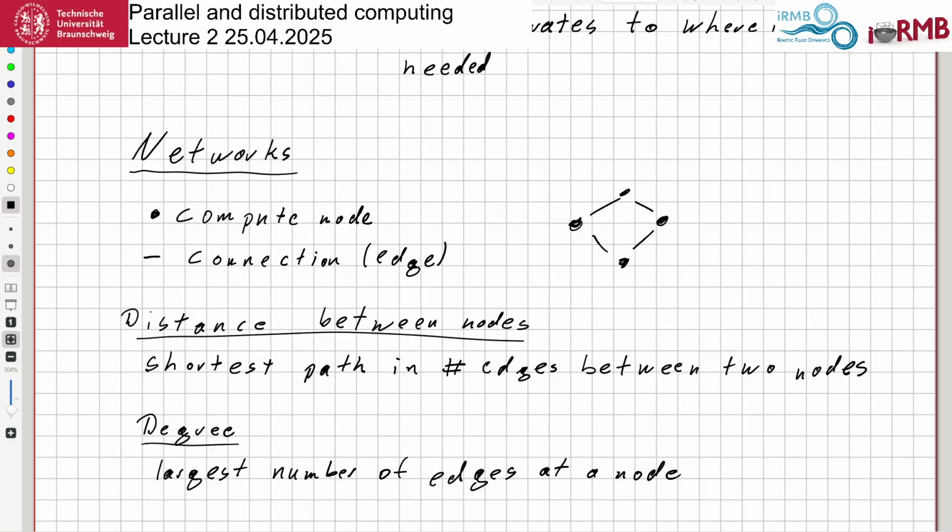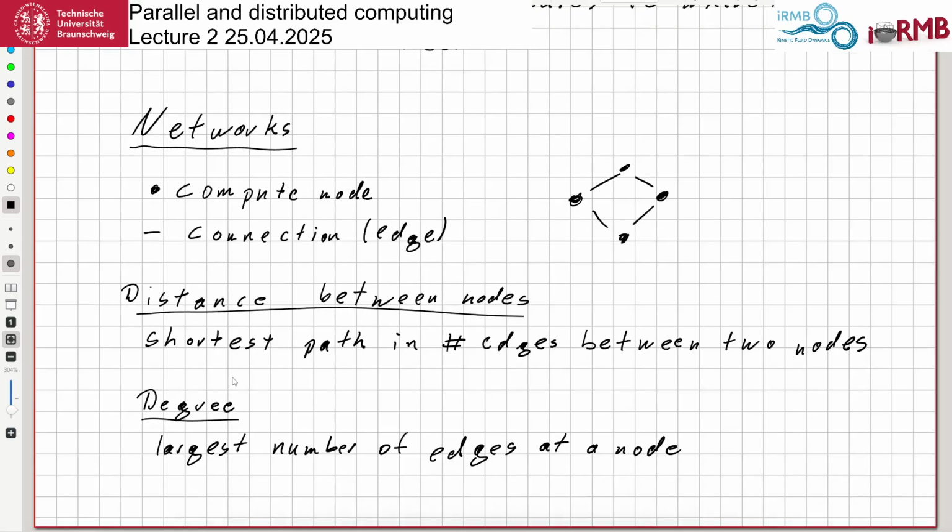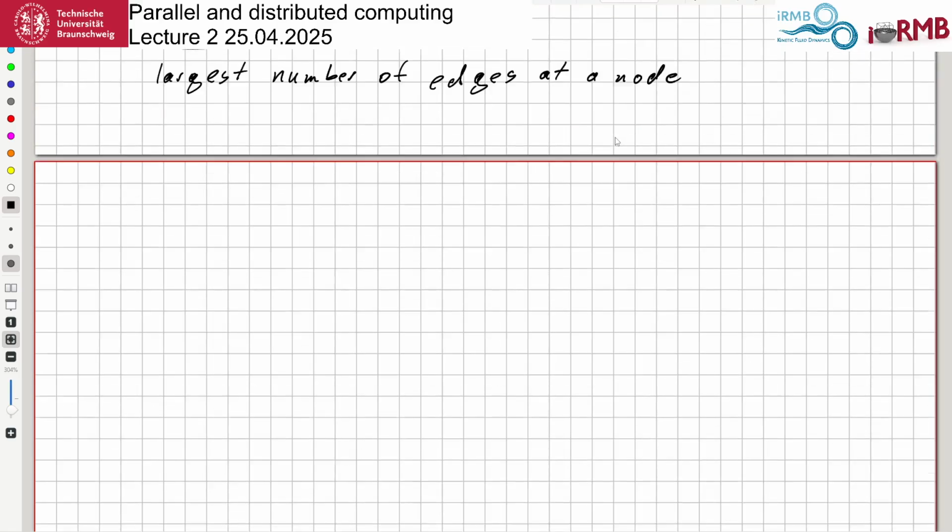So that would be the degree, and then there is the diameter of a network.